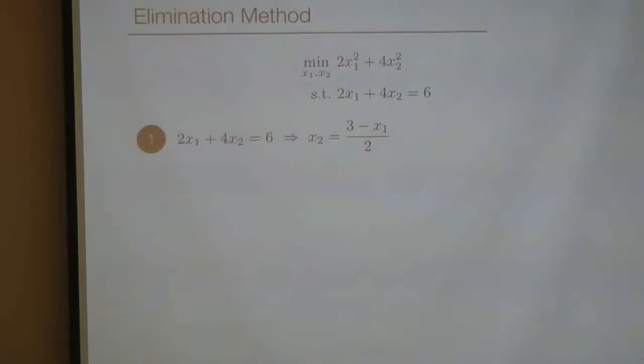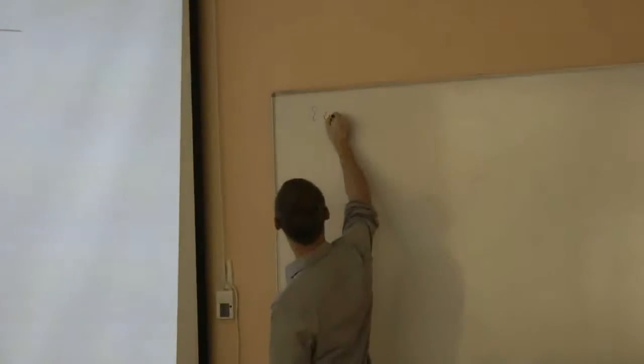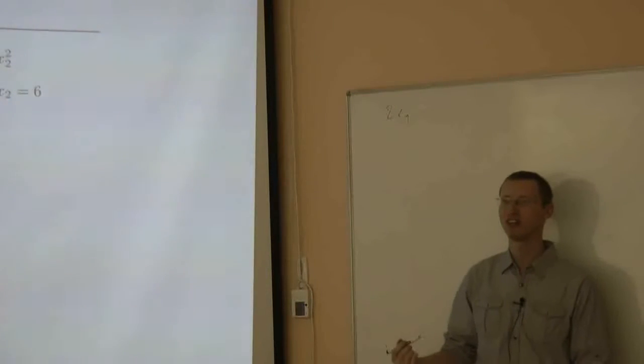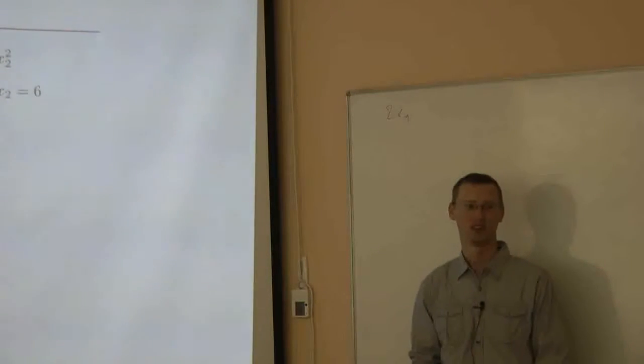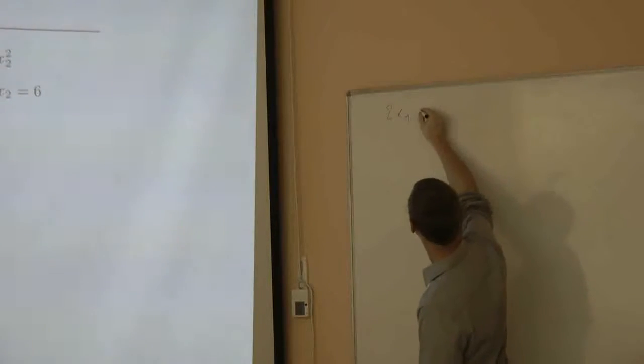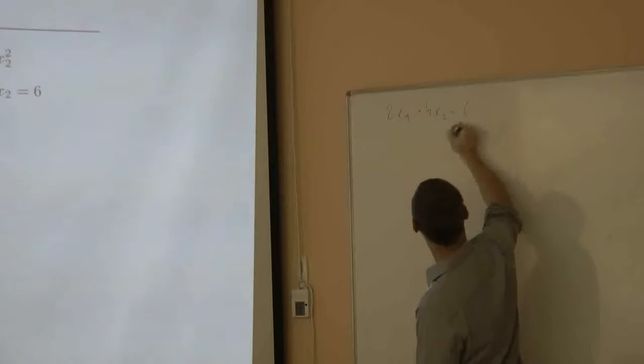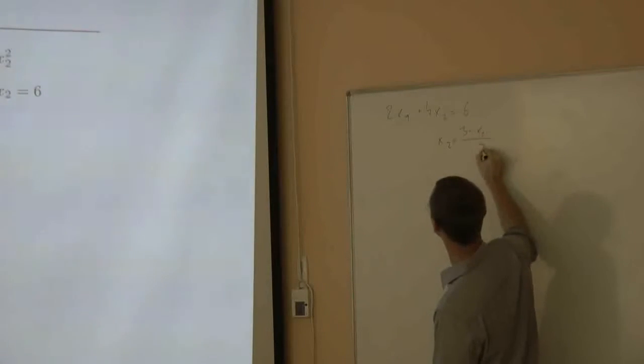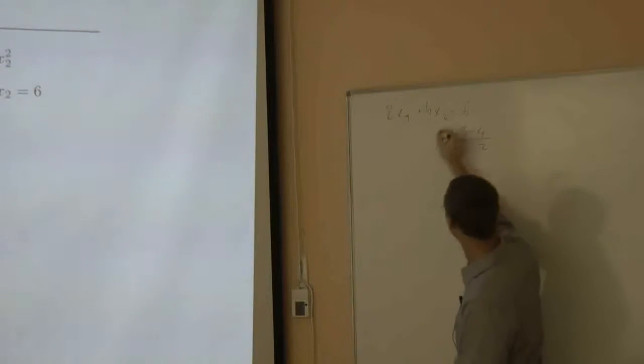Now, let us check that. It's something very obvious, but probably so obvious that you never even ask this question. So what happens if in this constraint I use x2 equal to 3 minus x1 over 2? It will always be true.